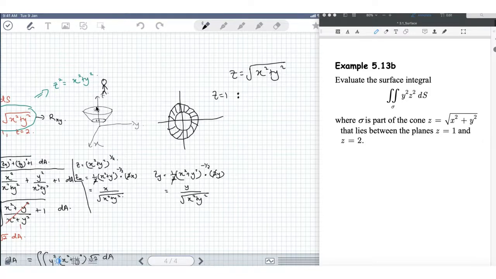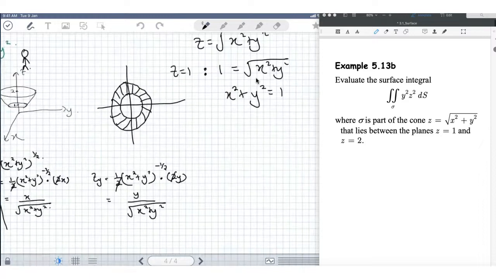So we have to replace z equal to 1 into the equation of sigma. So you have 1 equal to the square root of x squared plus y squared, then x squared plus y squared is equal to 1. Meaning that when z is equal to 1, you have a circle with radius 1.